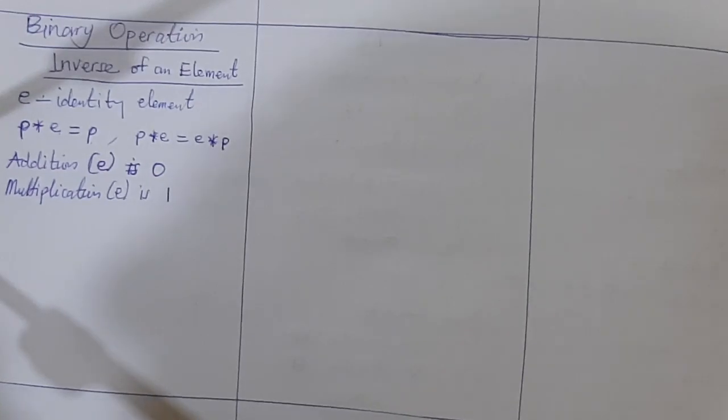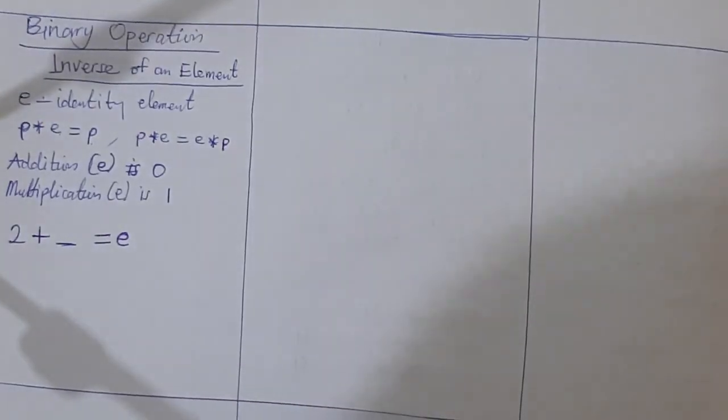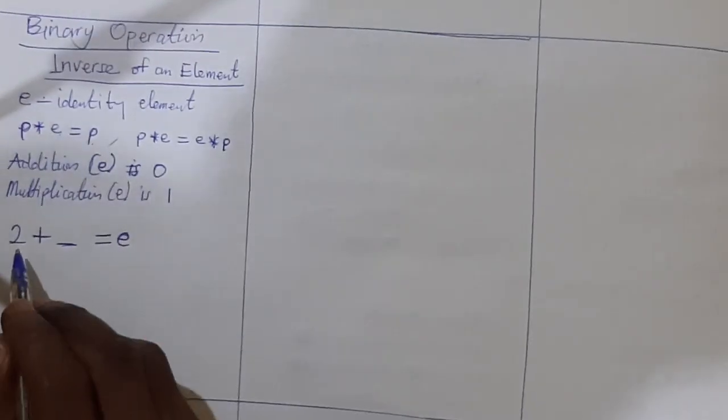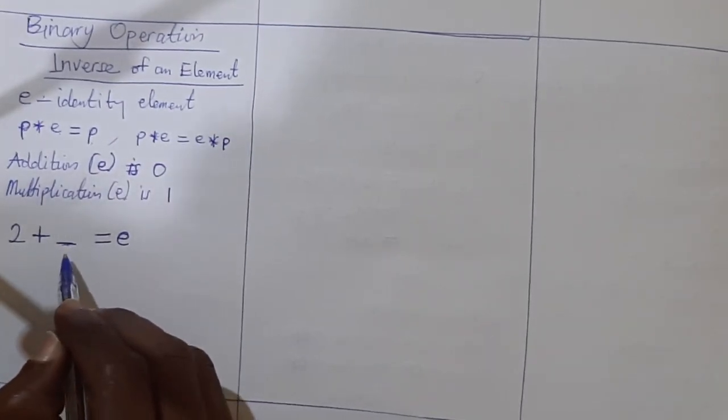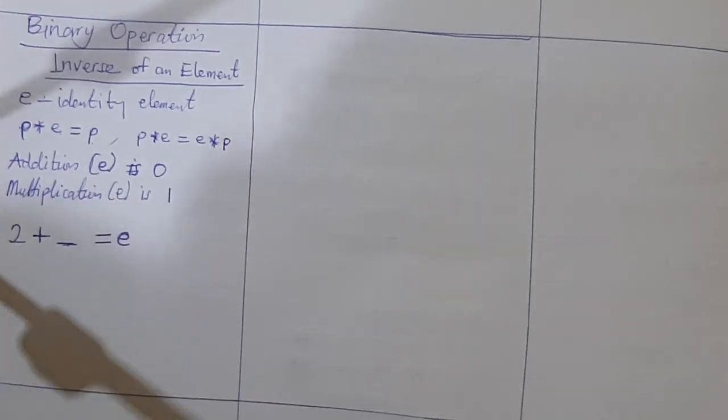Now let's go to this concept, inverse. If I have 2 plus a certain element, a certain number, a certain value, my answer should be E, the identity element.